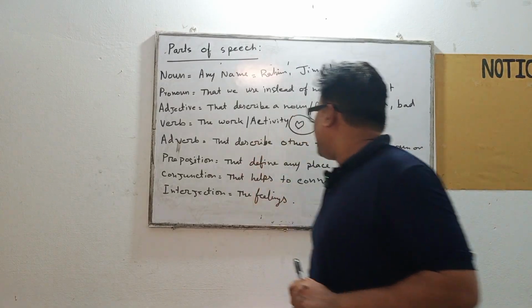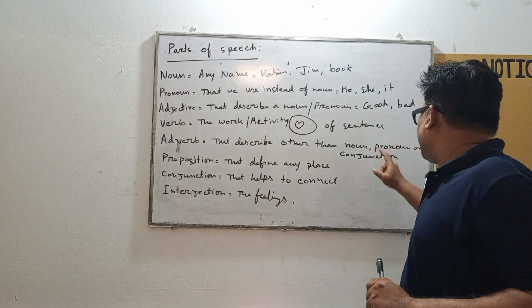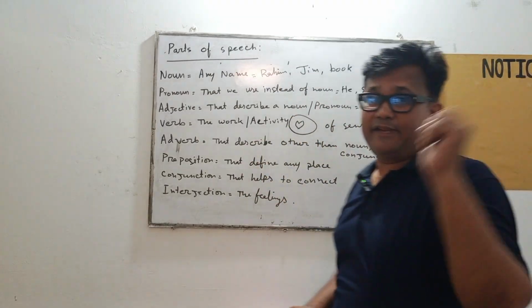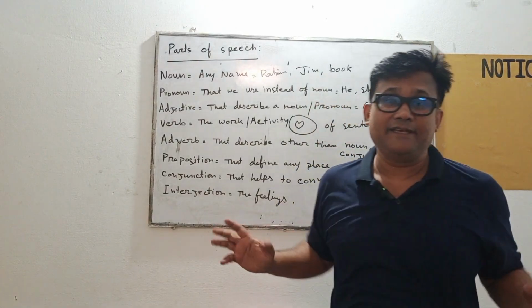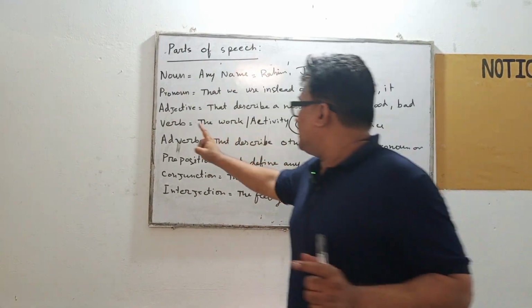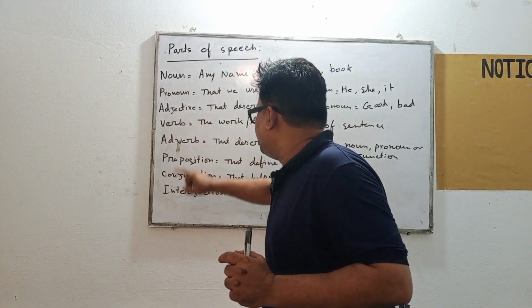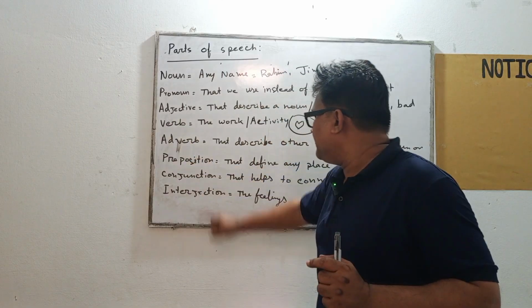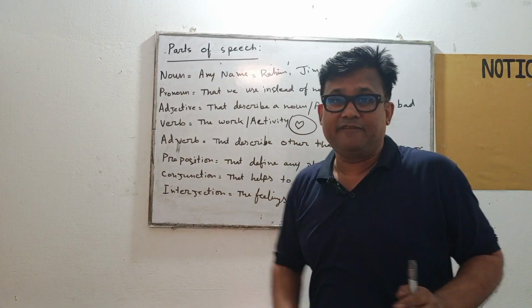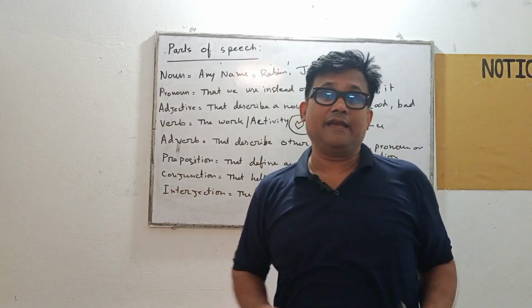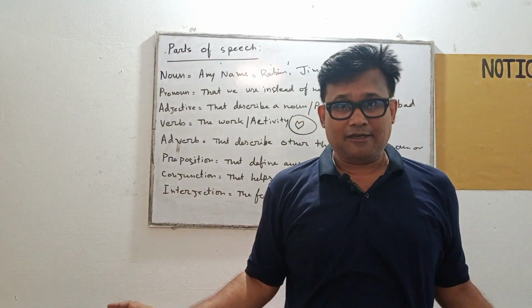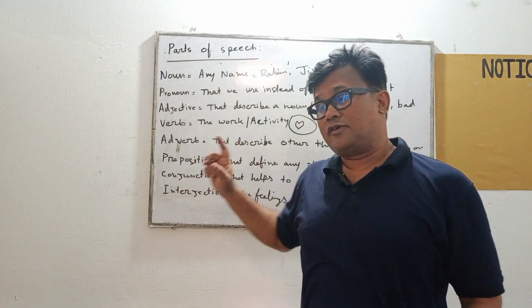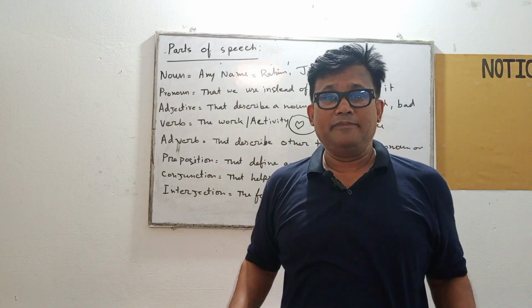Okay, then adverb. Adverb describes others: noun, pronoun, and conjunction. Adverb has a very vital job. It describes everything. It describes a verb, it describes an adjective, it describes itself, another adverb, it can describe a preposition, and even sometimes an adverb describes a complete clause or sentence. So adverb is a very busy man.